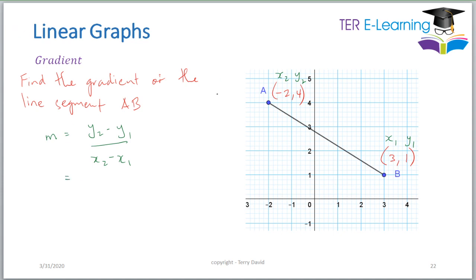So y2 minus y1 is 4 minus 1, divided by x2 minus x1, which is -2 minus 3. 4 minus 1 is 3, and -2 minus 3 is -5. So the gradient is equal to -3/5. Some of you got that. You need to be careful in how you do your subtraction.